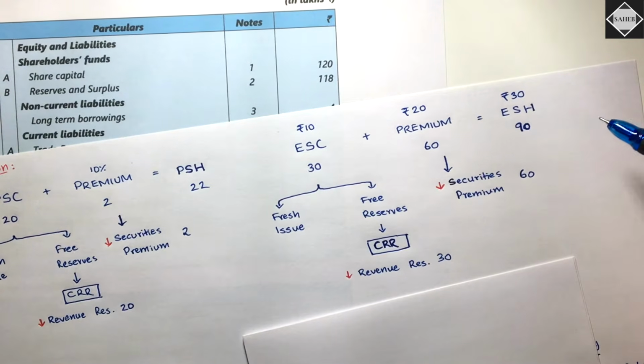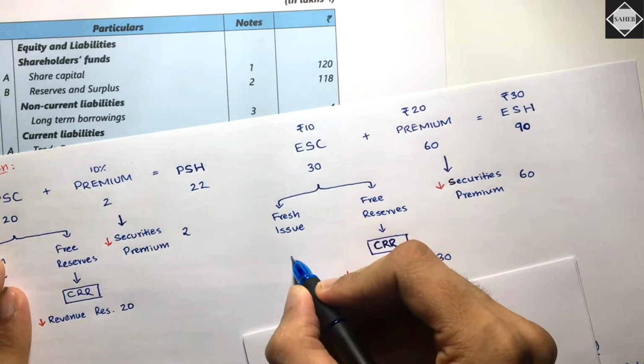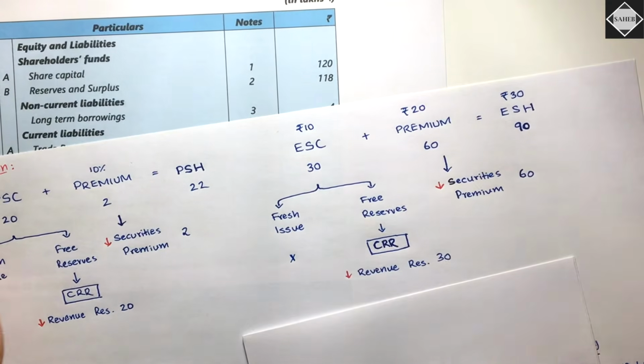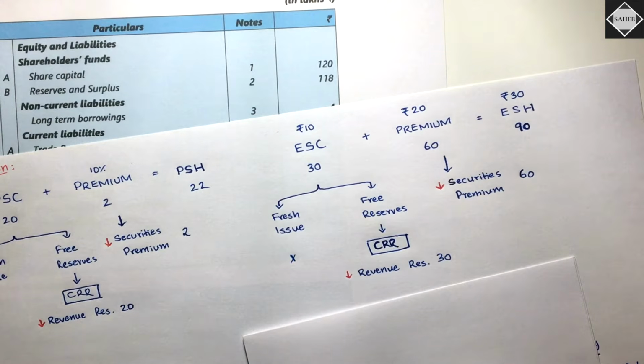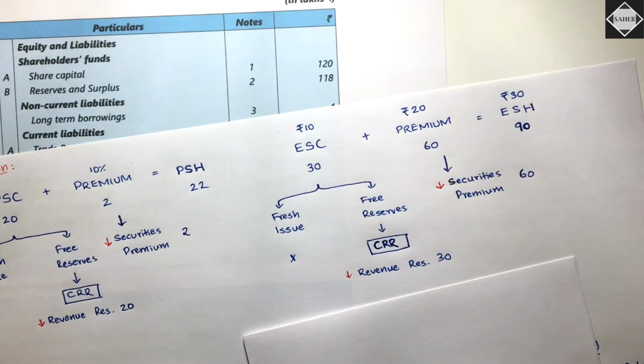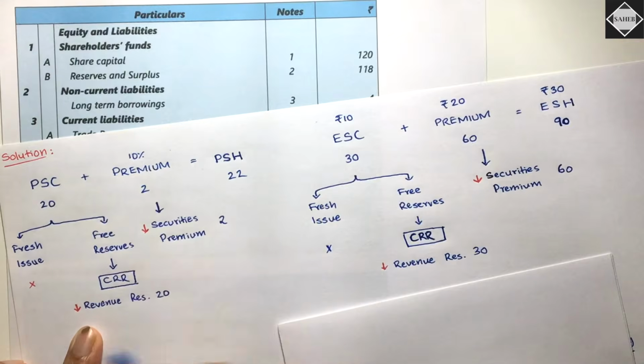So here also the question was silent regarding the fresh issue. Nothing has been said, so we will not do any fresh issue on our own. We'll be only creating the CRR out of the free reserves. So we utilize the remaining balance of revenue reserve. We utilized revenue reserve by 20 while doing the redemption of preference shares.